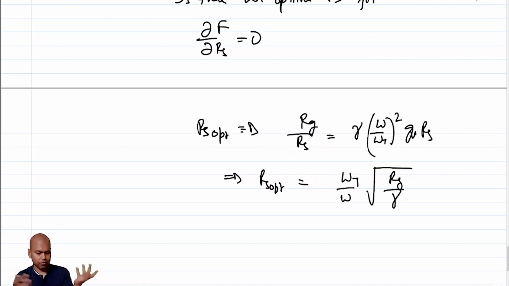So when you get this optimum Rs, whatever the value might be, you get a minimum noise figure.